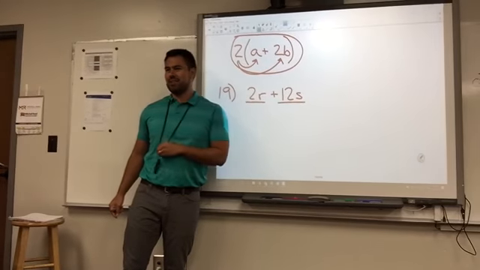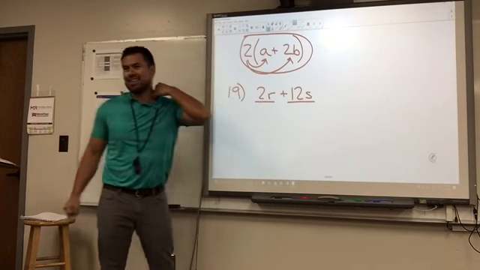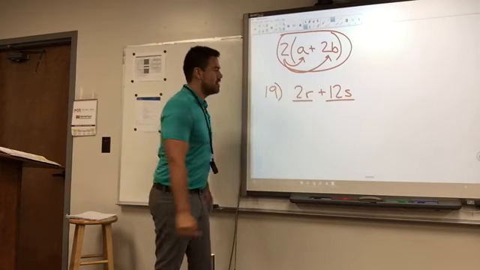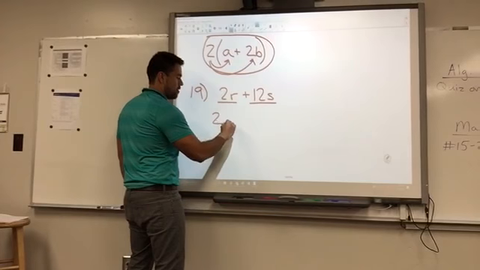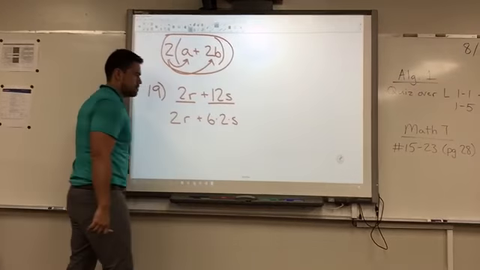Let's see here. Brayden, what do you think? Could you do 6 times 2? Over here? Yeah, because there's a 2. So let's see here. Could you do 1 times 2?